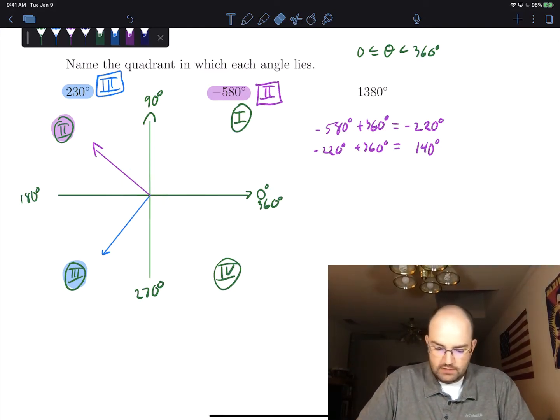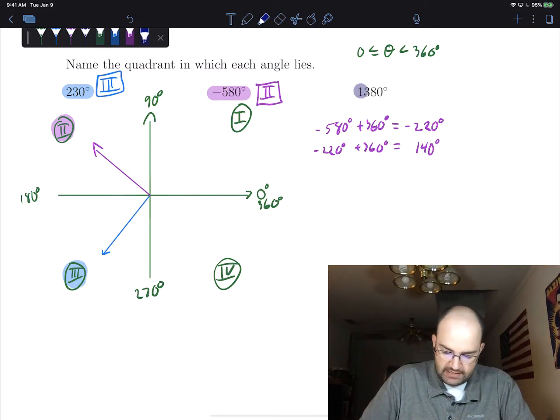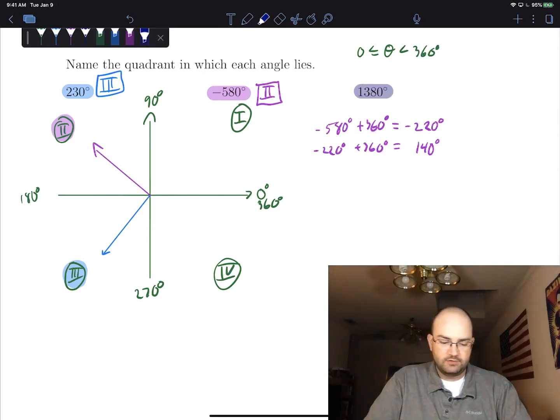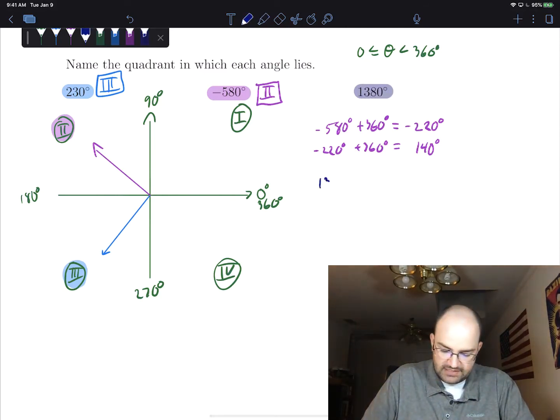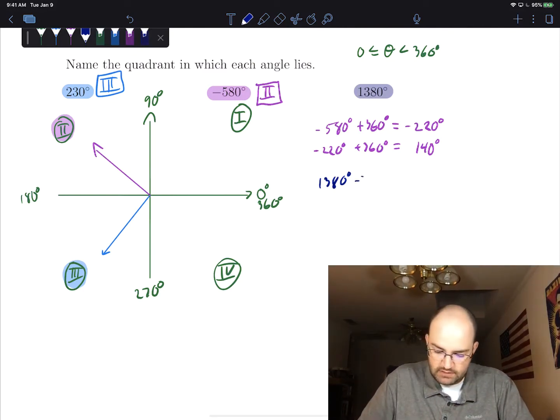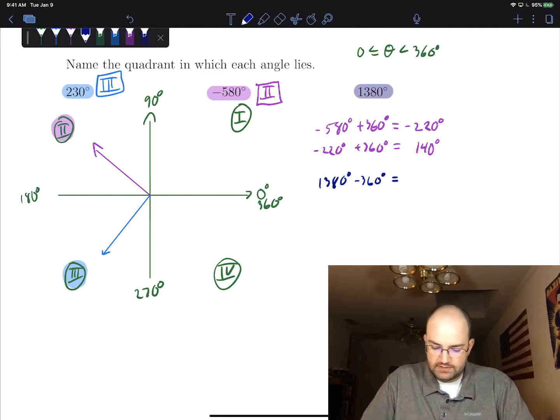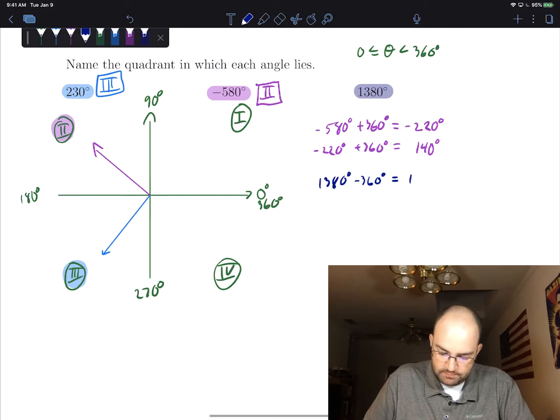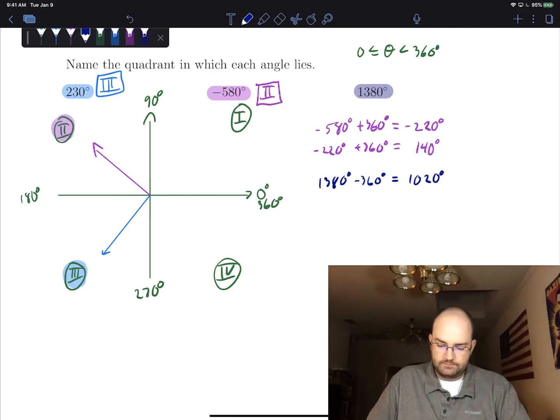Alright, next let's look at this 1380 degrees. So this 1380 is positive, but it's not the smallest positive coterminal angle. So let's go ahead and begin by subtracting off 360 degrees. Subtracting off 360 gives me positive 1020.